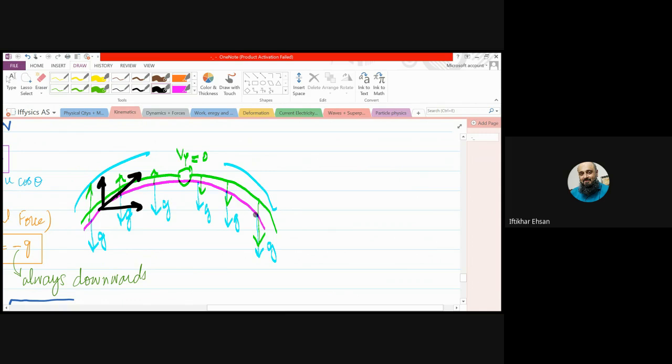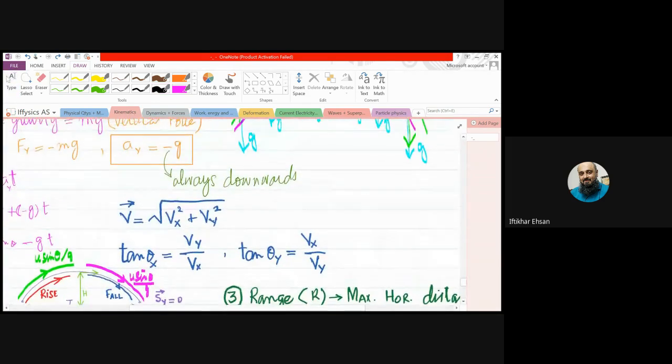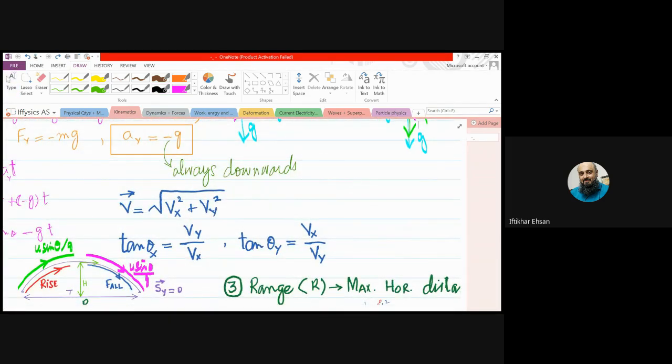If it is asked, what is the velocity at this point? It will have a horizontal and vertical component as well. So beta, when it is asked the velocity at any specific position, this will be the formula we use.